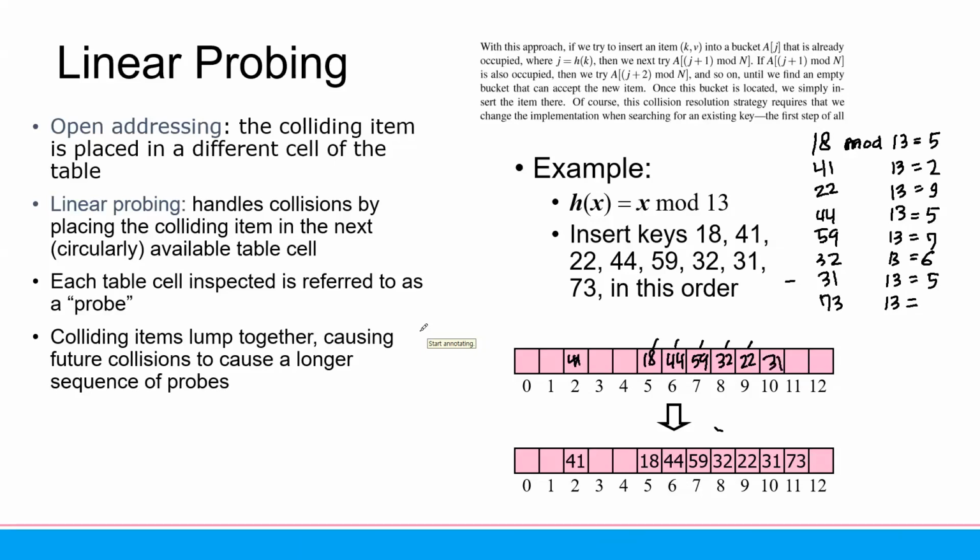Eight. Then 8 we have a value. 9 we have a value. 10 we have a value. 11 it is empty, so we put it in the index 11. Okay, and this is the final result.